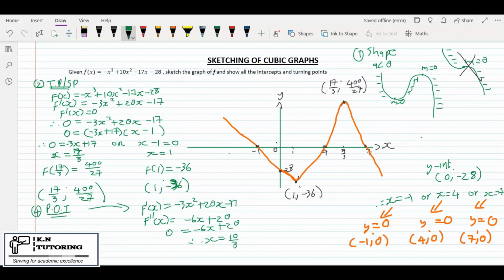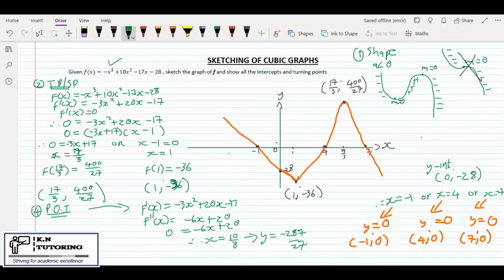Then you substitute this into the original equation, not here, but in the original, to get your corresponding y value, which is minus 287 over 27.